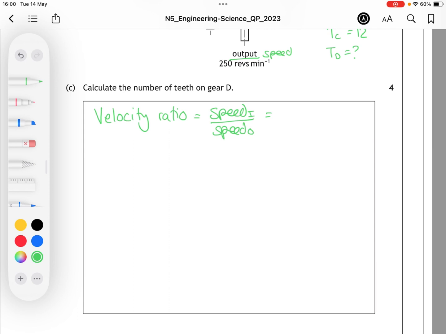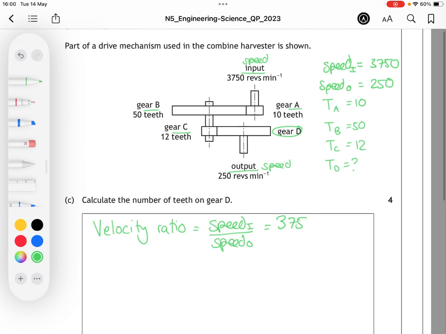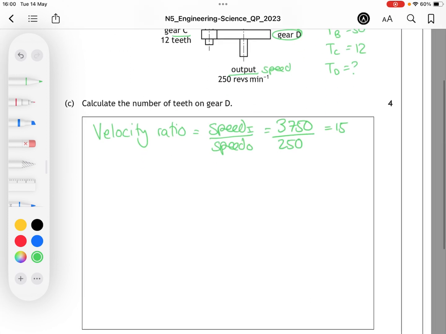And if I put my numbers in, that is 3,750 divided by 250, which is 15. Some people prefer to have that written as a ratio. Writing it as 15 is totally fine, but some of you would prefer that written as 15 to 1. That means that the input is going 15 times faster than the output.